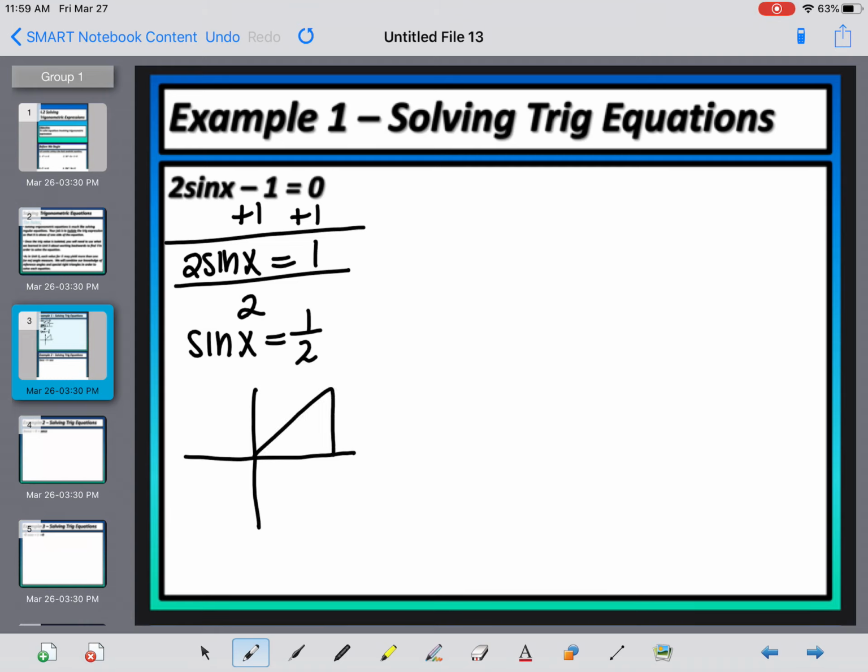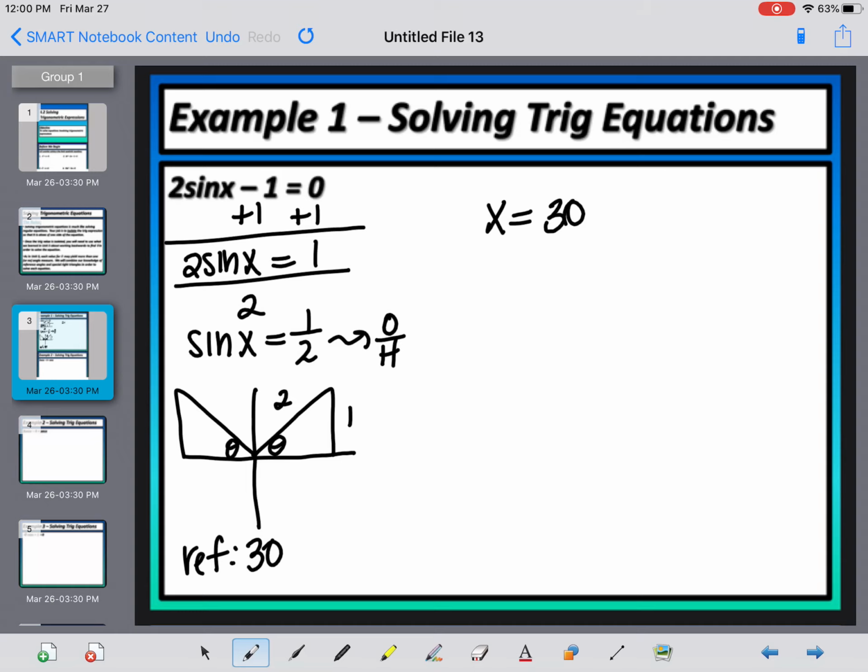So sine is positive in quadrants 1 and 2. Okay, sine is opposite over hypotenuse. So my opposite side here is 1, my hypotenuse is 2, making this a 30, 60, 90, so my reference angle here is 30.